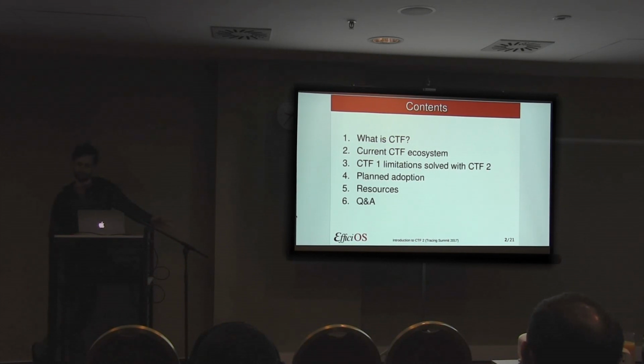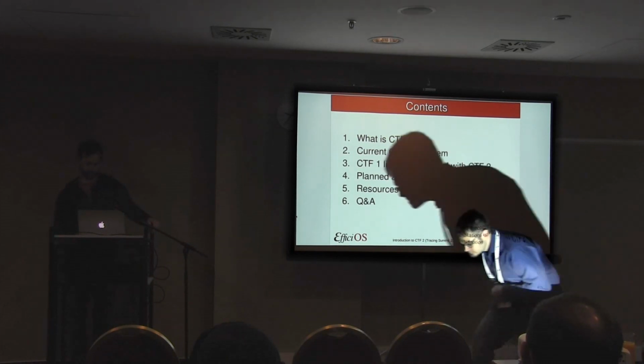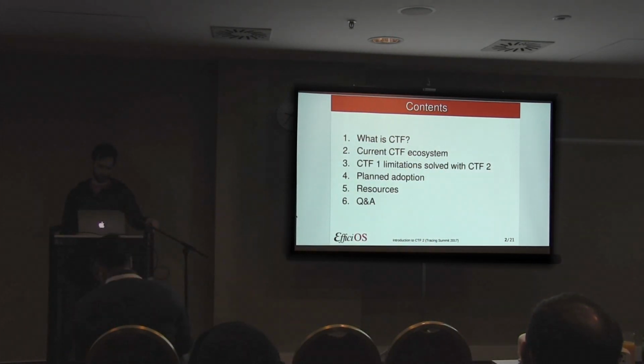What are the limitations of the current revision of CTF and how do we solve those limitations with CTF2? And what is the planned adoption by tooling for both producers and consumers of the trace format? I'll do the Q&A at the end of the presentation, but you can also interrupt me if you have urgent questions.